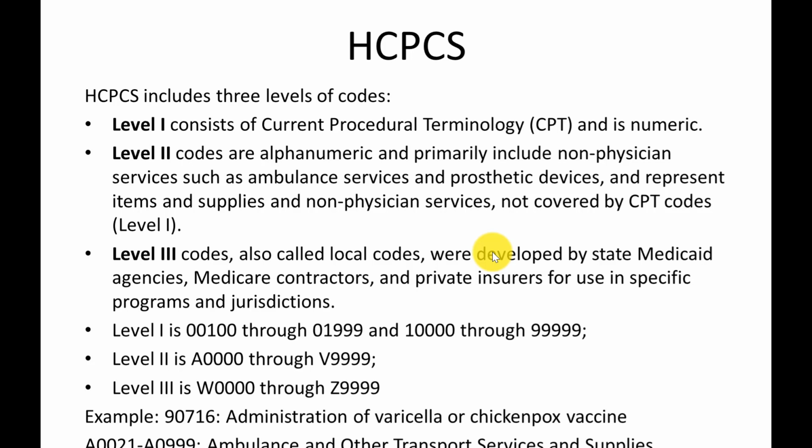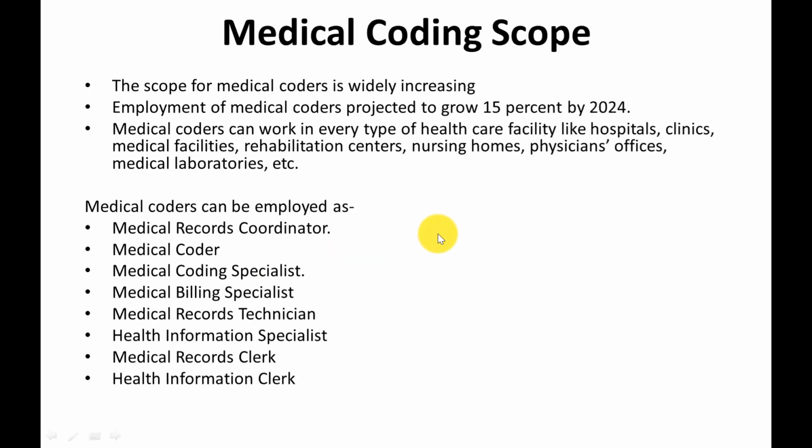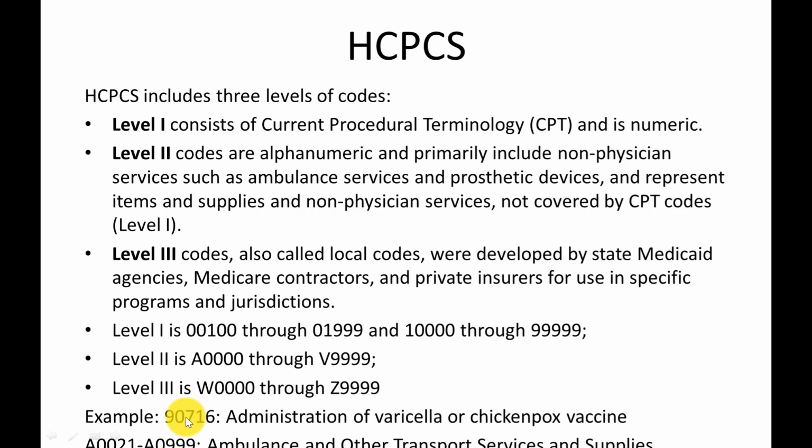For level 1, examples are given, like 00100 to 01999. Level 2 is A through V. Level 3 is W00 through Z4 times 9. Some examples are given, so I'll just walk you through them. 90716, we have seen that this is a CPT code, for administration of varicella or chickenpox vaccine.